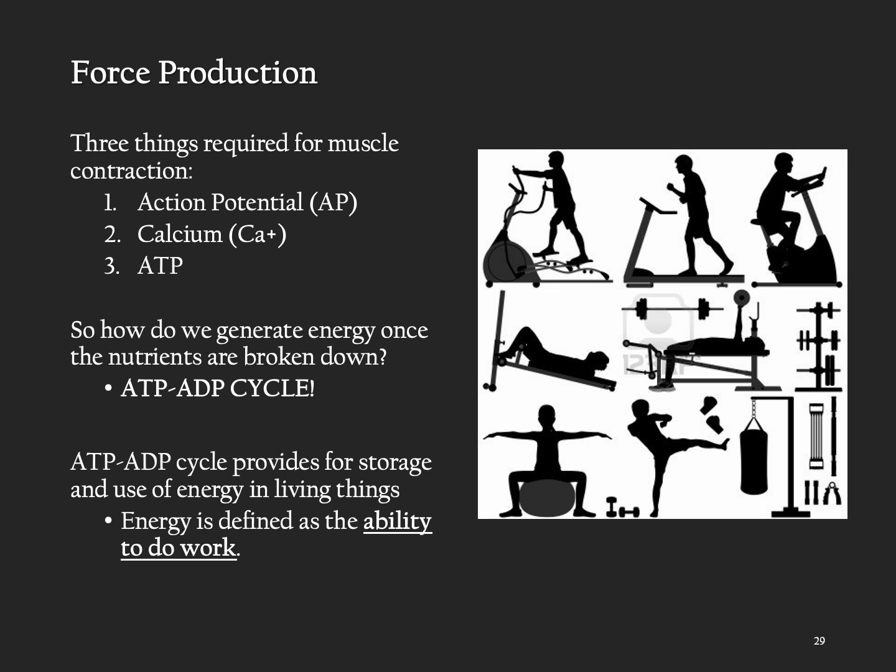So how do we generate energy once the nutrients are broken down, right? This is known as our ATP-ADP cycle. This cycle provides the storage and use of energy in living things. Energy is defined as the ability to do work.